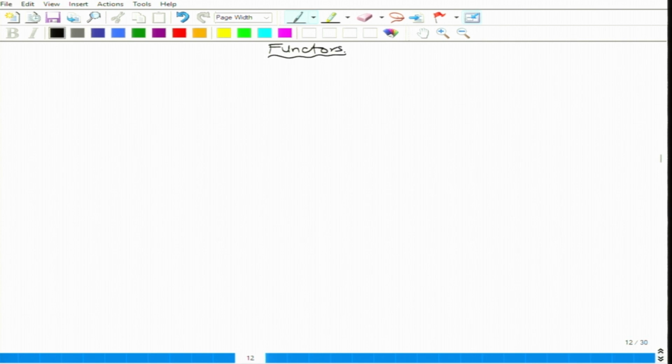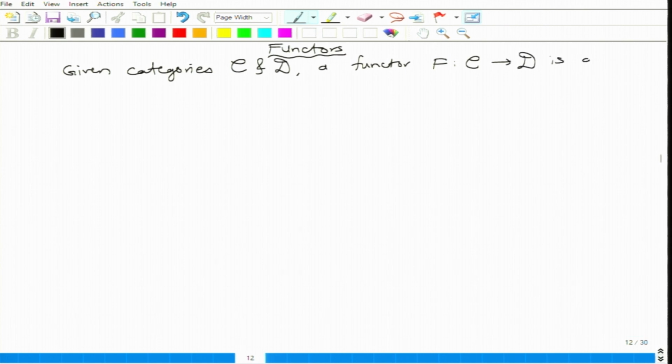You should be given two categories, then only you can define a functor. So given categories C and D, a functor F from C to D is given by the data of.